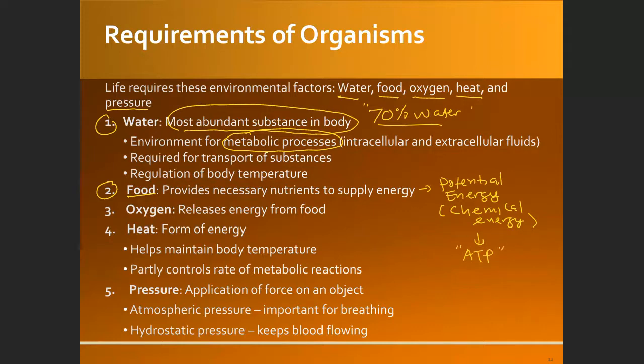ATP is the energy currency that is used by the cell. And then oxygen is also needed because without oxygen, we will not be able to convert this chemical energy into ATP. Chemical energy, which is glucose plus oxygen, will be converted into ATP. So oxygen is needed for humans and animals.